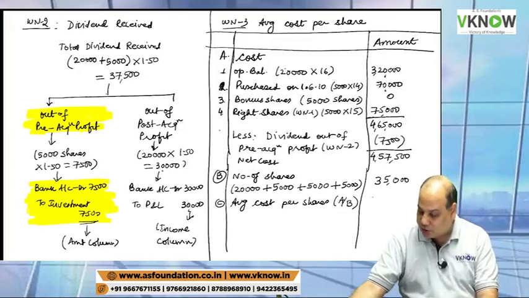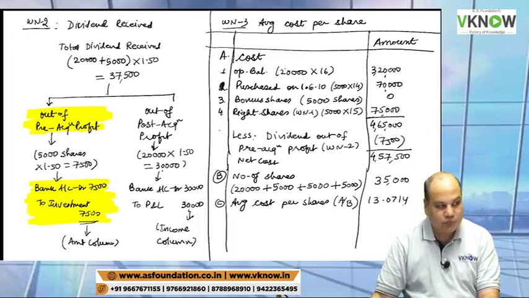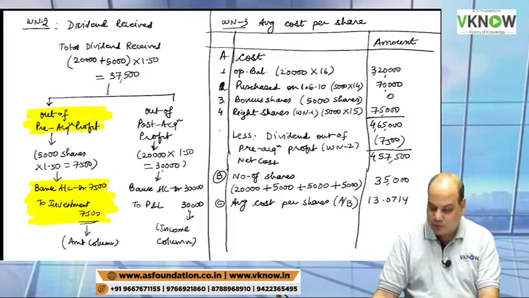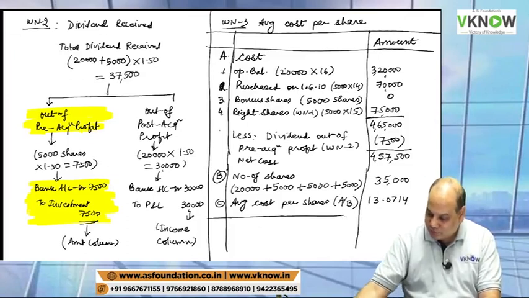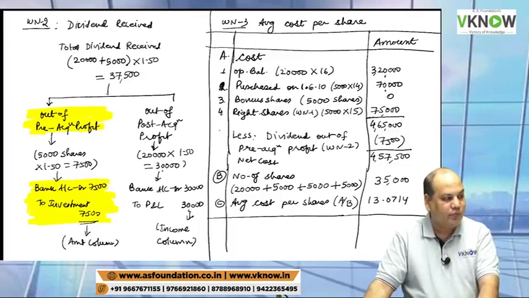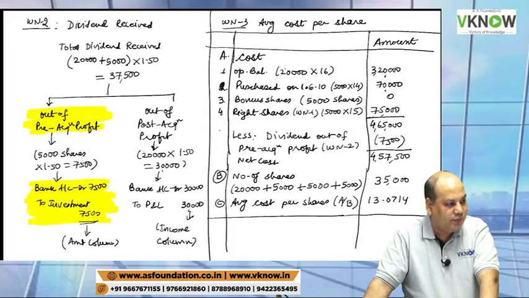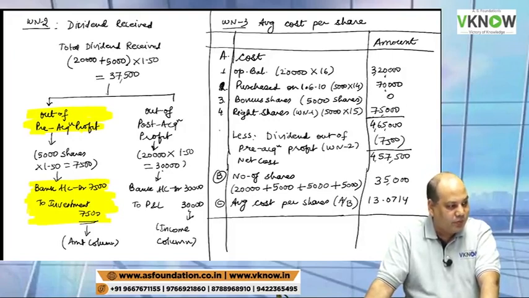So that is 13.0714. Very good. Nikhil is right. Falak right. Kunal right. Pawar right. Sakshi right.